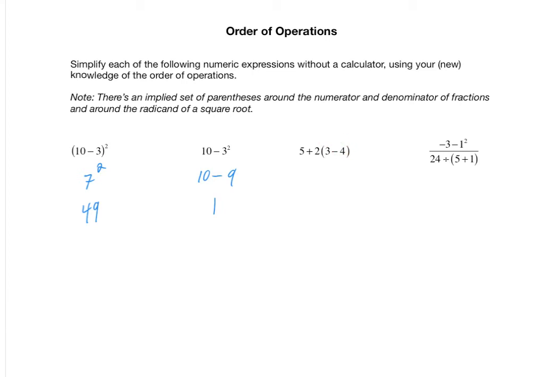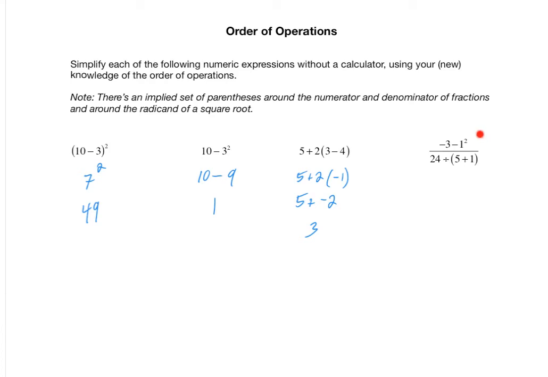So I'm going to write everything else down the same, 5 plus 2 times, and then I'm going to actually just do the 3 minus 4 and get negative 1. Then of the two operations that are left, addition and multiplication, now the multiplication is done first because it's higher order than the addition in the order of operations. So you've got 5 plus 2 times negative 1 is negative 2, and then 5 plus negative 2 is 3. So this expression is the number 3.